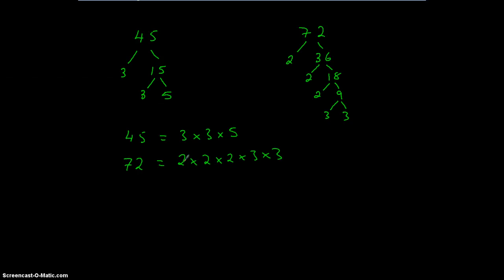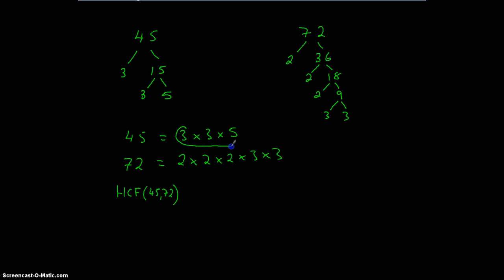Now we're looking for the highest common factor of 45 and 72. So we look for the common prime factors. Now if you notice, 2 isn't one of the prime factors of 45, so we can ignore those, but 3 is.